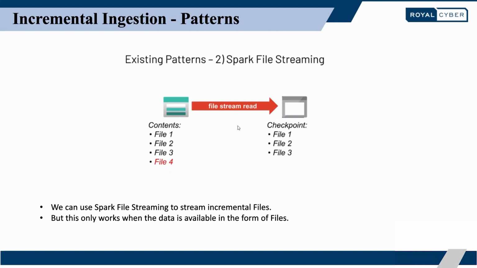There are multiple reasons. Reason number one is that Spark file streaming is not scalable. As the data volume and velocity increase, and as the sizes and numbers of files increase in the landing zone, we need to bypass Spark file streaming and implement custom solutions. So at the moment, Spark file streaming is not scalable.